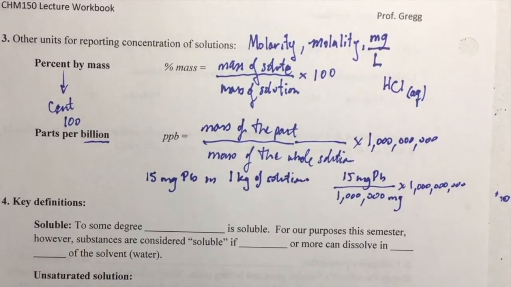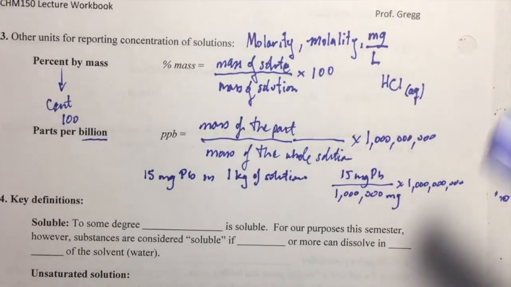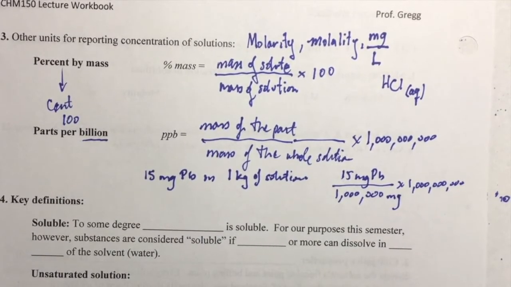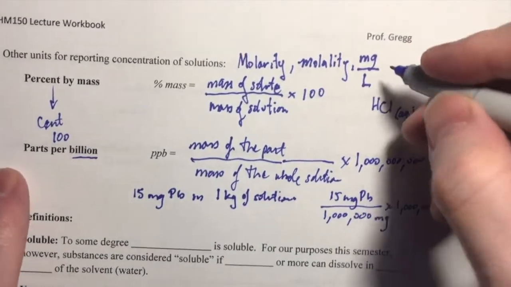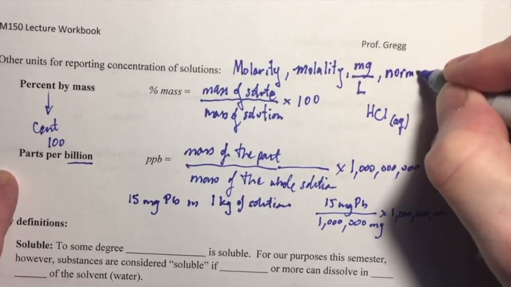Okay? So I just wanted to go over a few examples. There are many other concentration units that you could use. If you go on and study chemistry further, like in analytical chemistry, you might encounter one that's called, strangely enough, normality.